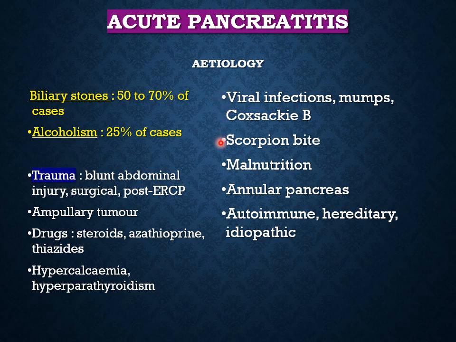Scorpion bite has been documented as an important cause of severe inflammatory reaction of the pancreas. Malnutrition, annular pancreas, and the last one, hereditary causes and autoimmune diseases. These are usually classified as idiopathic causes.